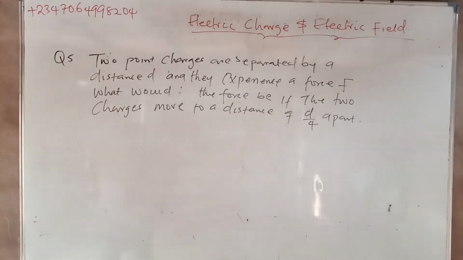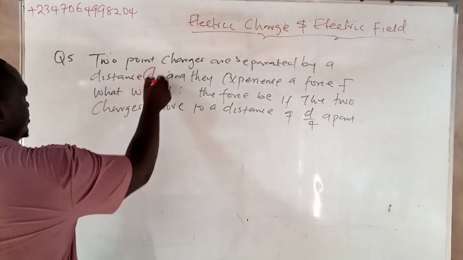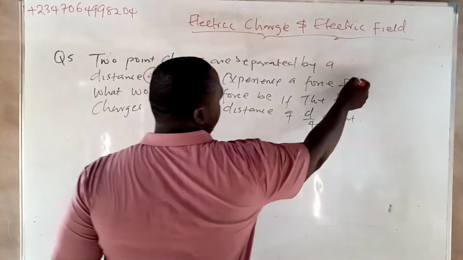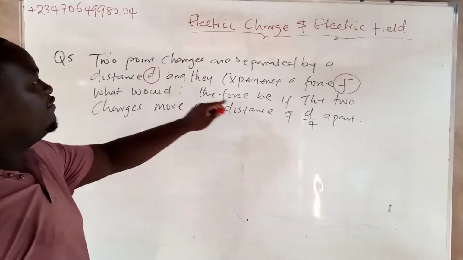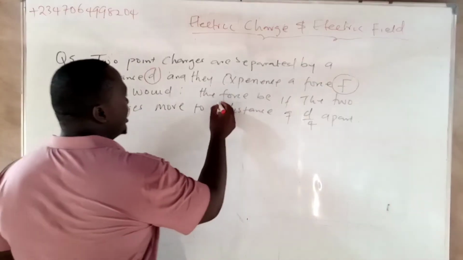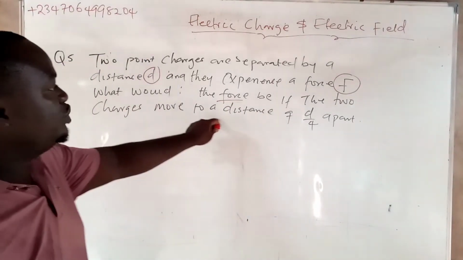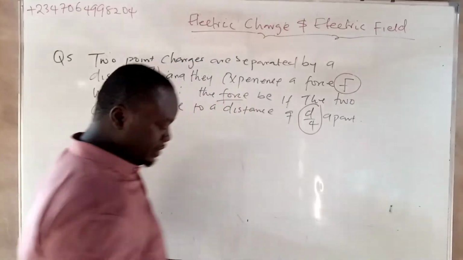Two point charges are separated by a distance d, and they experience a force F. What would the force be if the two charges move to a distance of d over 4 apart?